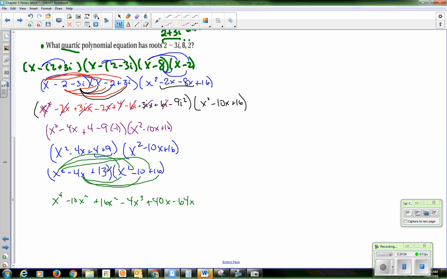Then it's 13's turn. 13 times x squared is 13x squared. 13 times negative 10x is negative 130x. I'm just going to double check that x squared times negative 10 is x to the 3rd, and 40x squared.